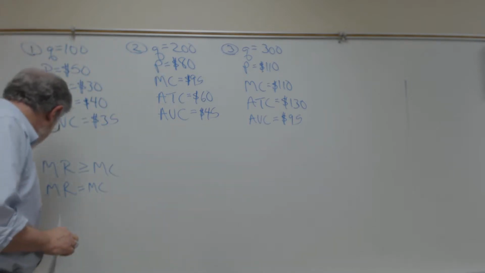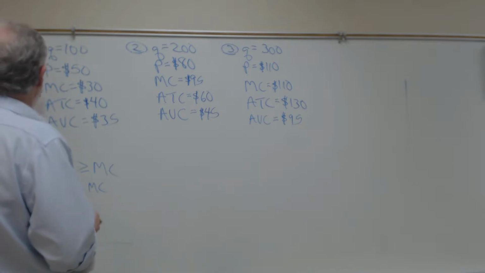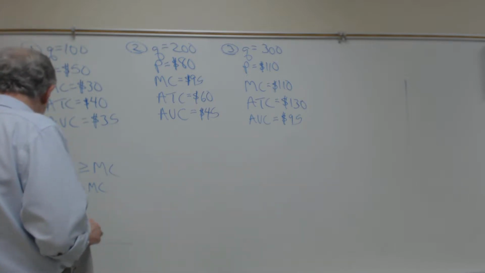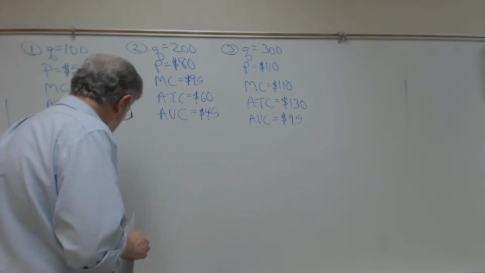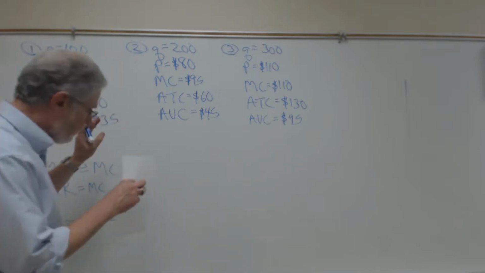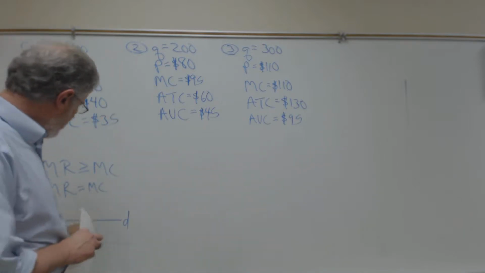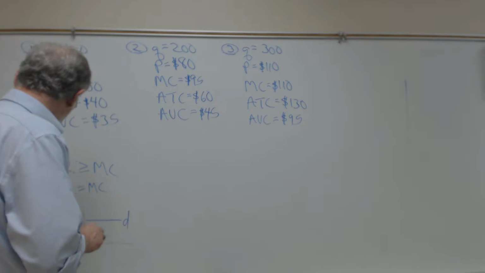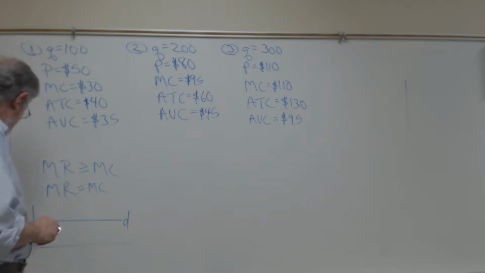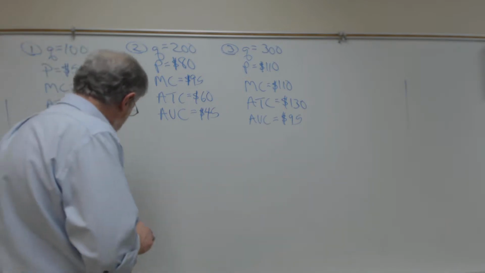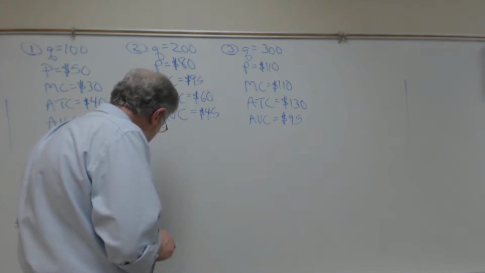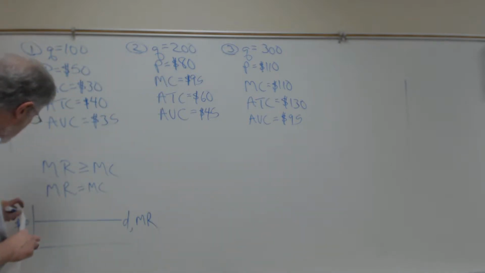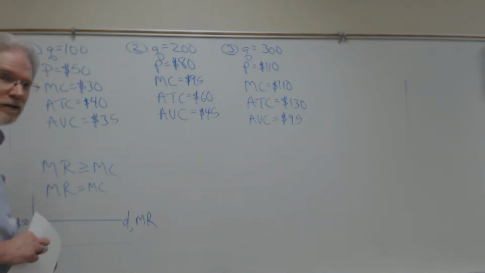Let's draw a graph. The price is 50. So that means, since this is a price taker firm, it faces a demand curve which is horizontal at a price of $50, and it faces a marginal revenue curve which is horizontal at a price of $50.